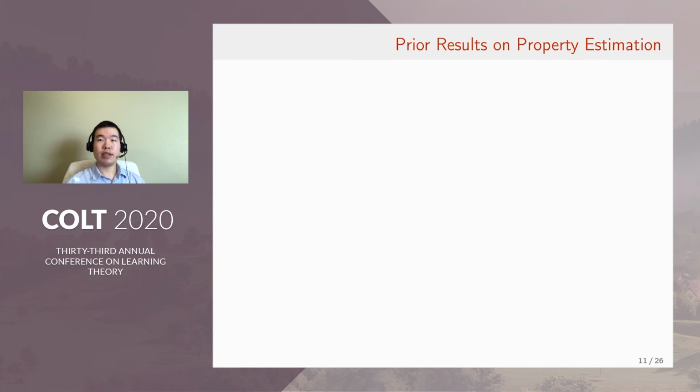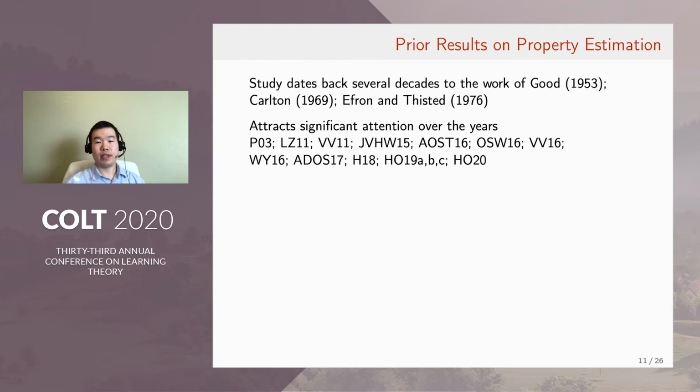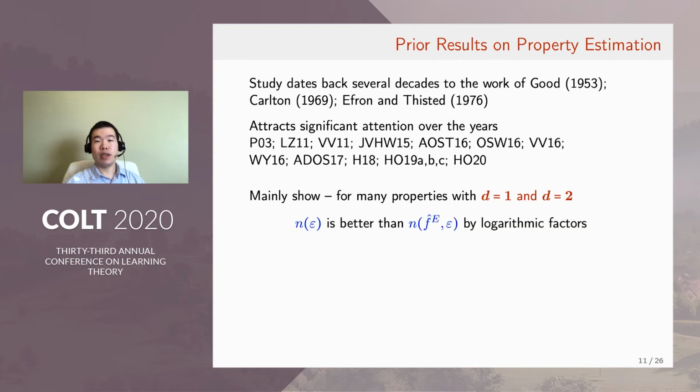So, some prior results on property estimation. The study of property estimation dates back several decades to the work of Good, Carlton, Efron, and Thisted, and it has attracted significant attention over the years. Here are some references. All these prior works mainly show that for many properties with d equal to 1 and d equal to 2, the optimal sample capacity is better than that of the empirical estimator by a logarithmic factor.